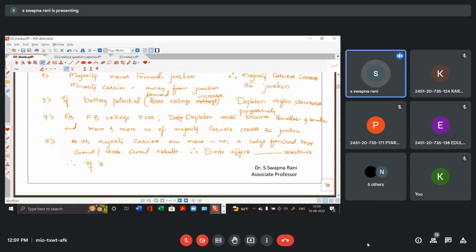RF, the forward resistance of the diode, will be very less, and it will be in the order of ohms. Not more than 100 ohms, it could be 10, 15, 50 ohms, depending upon the doping. So the diode offers very less resistance. A large amount of current, so forward current IF units will be milliamperes.